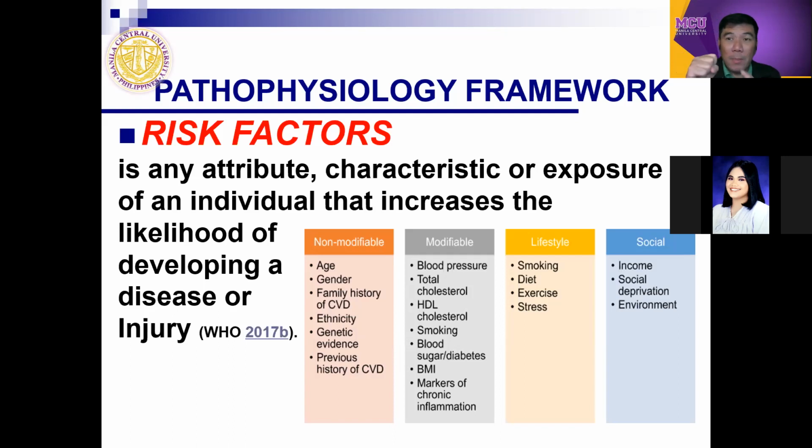Mag-thrombi siya. Thrombi meaning mag-dislodge siya sa blood vessels. This could be a reason for obstruction, and it may cause a delay in the blood supply to the heart, specifically in coronary circulation. So mag-chest pain ang pasyente. So it is just initially identified based from cholesterol level.